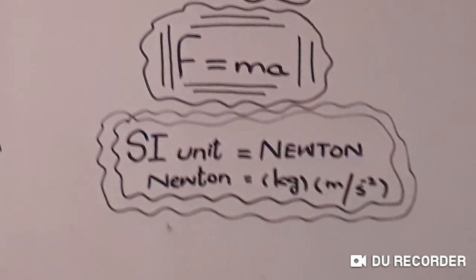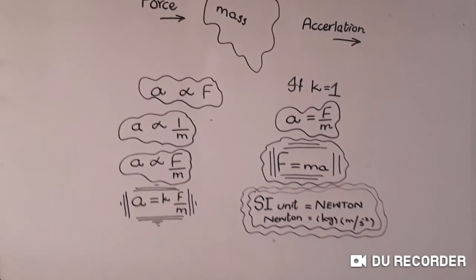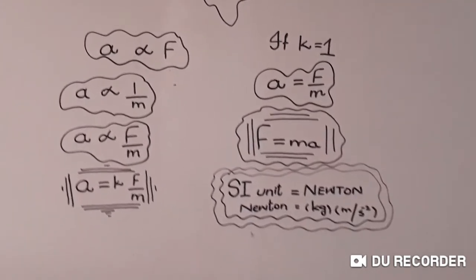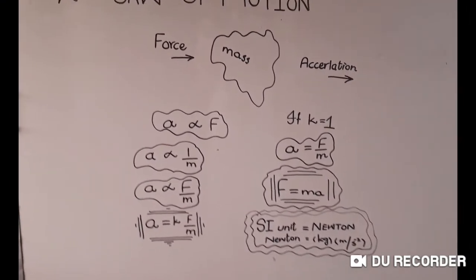We know that the SI unit of mass is kilogram and the SI unit of acceleration is meter per second squared. So the Newton becomes kilogram meter per second squared, and it is named Newton after Isaac Newton, who discovered Newton's second law of motion.